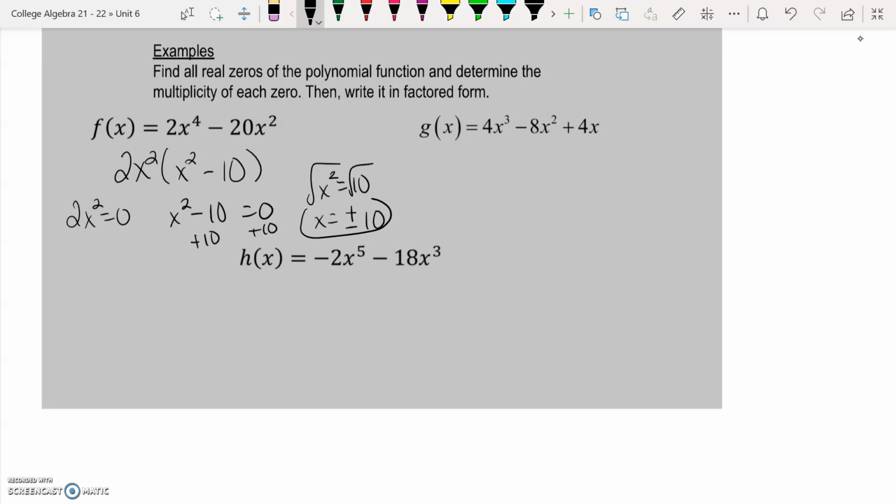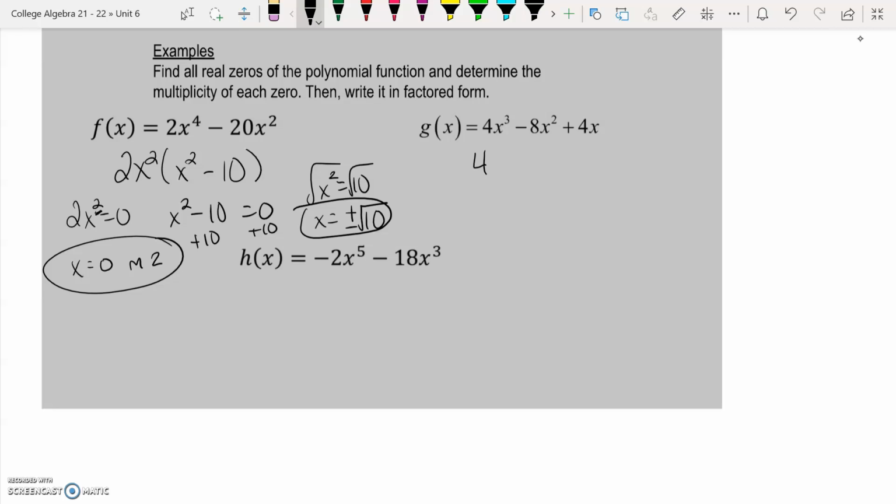So those are two answers right there, plus or minus the square root of 10. And the other answer would just be 0. That has a multiplicity of 2, because the exponent on that one is a 2. Whereas this one you have a positive square root of 10 and a negative square root of 10. So they each have a multiplicity of 1.